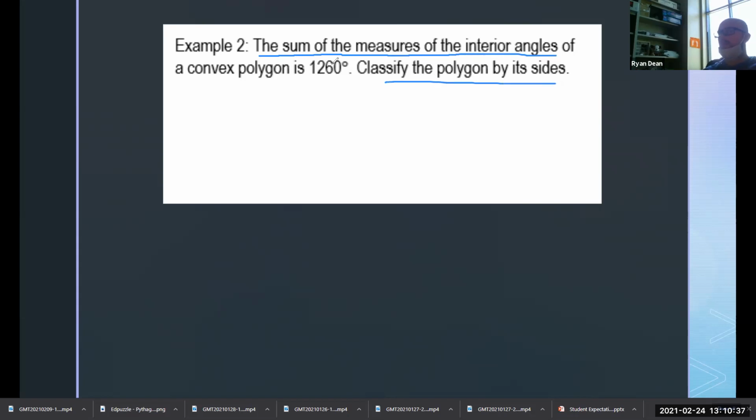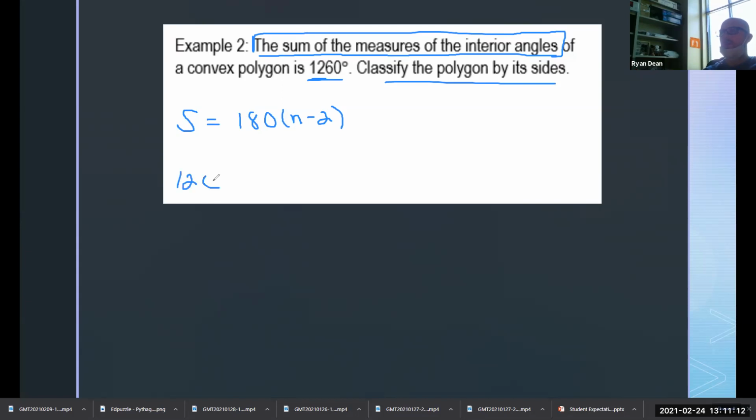Generally speaking, anytime that you see the sum of the measures of the interior angles, we're going to use this formula, the big S. So we're using this formula for this problem, and we just plug in exactly what we know. Nothing changes with our process. We know that the sum, the big S, is equal to 1,260 degrees.